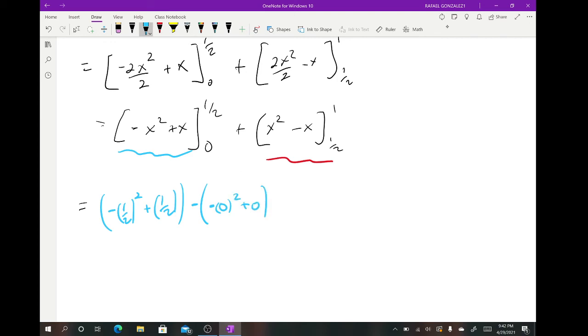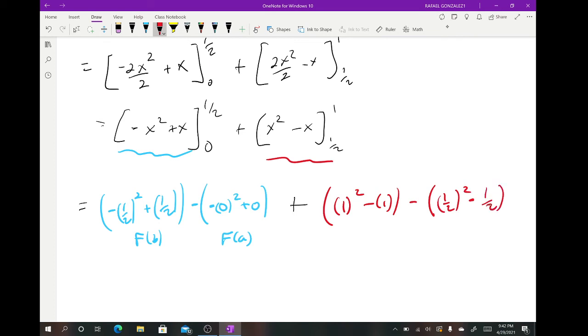Again, this is my f of b minus f of a, and that's for this first one. And then I have a plus from here, that middle plus. And then I have my other expression, which will be 1 squared minus 1. And then this is minus (1/2 squared minus 1/2).